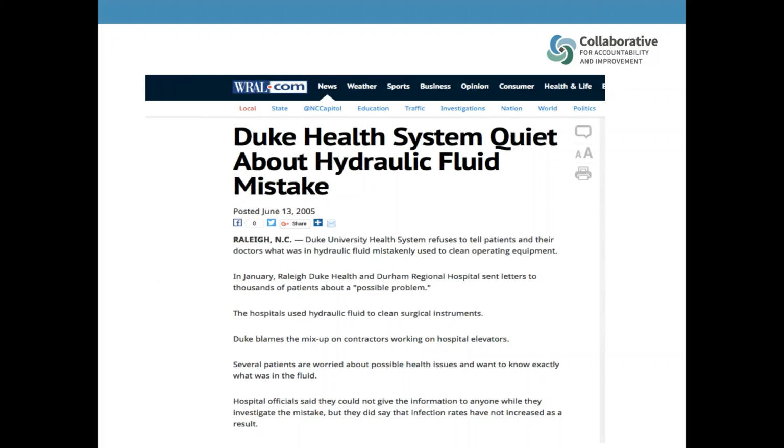It turned out that the same company that was taking away used hydraulic fluid from the elevators in the parking garage was also the same company that was delivering sterilizing soap to Duke's operating rooms. And both of those liquids, the used hydraulic fluid from the elevators and the sterilizing soap, were in somewhat similar looking 50-gallon drums.